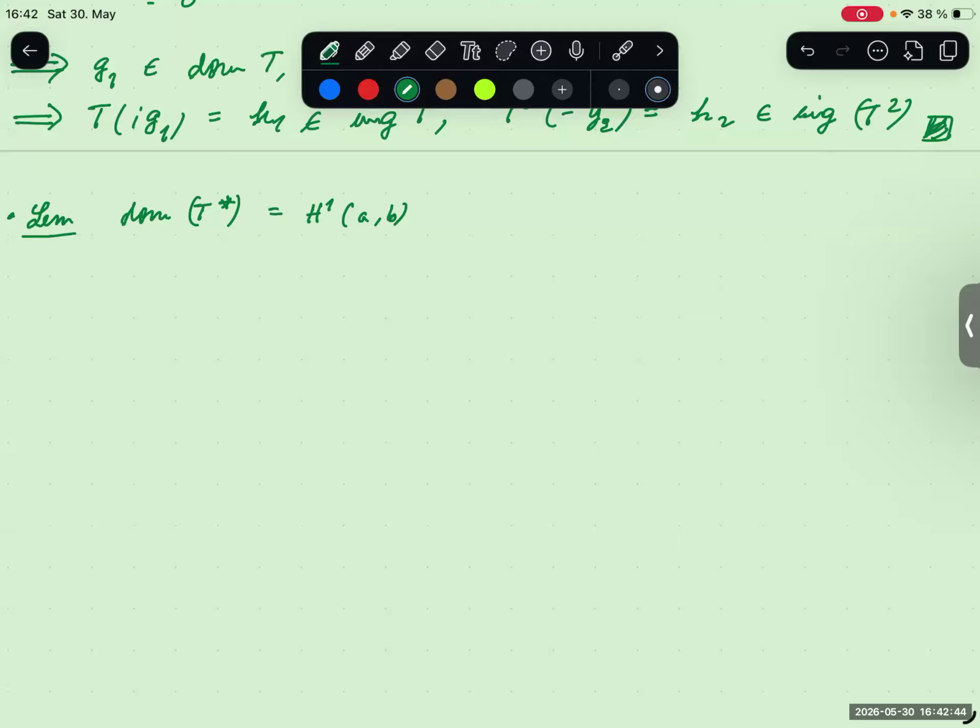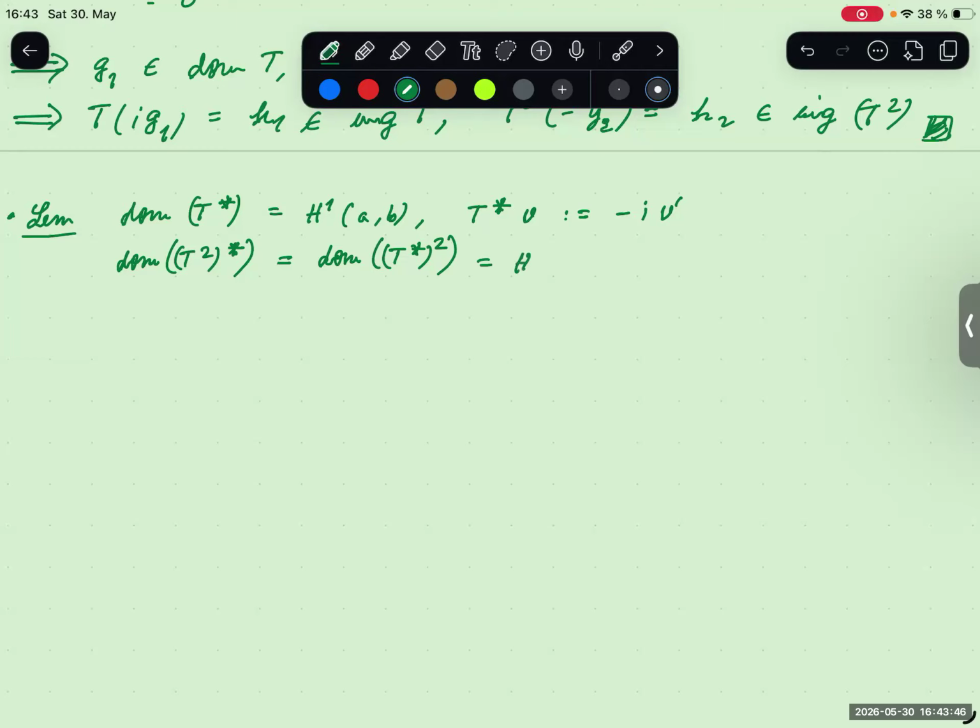And T star of V equals minus i times the first derivative of V. Naturally, I think you are expecting the domain of T square star, and this is the same as the domain of, I haven't proven the general properties, but you can look at the reference books, for instance.